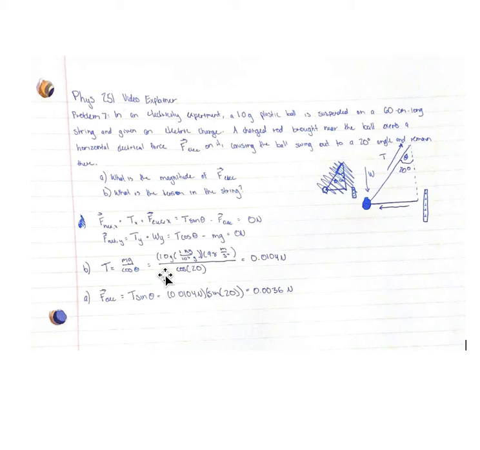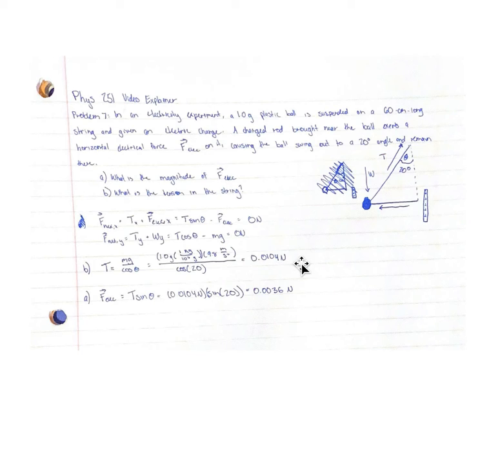To do this conversion, we just divide 1 by 10 to the 3 grams and then times that by 1 kilogram, and this will give us 0.0001 kilograms. We multiply this by our gravity and then divide it by cosine 20, and our theta is 20 because we are given that in the problem. The ball is at a 20-degree angle.